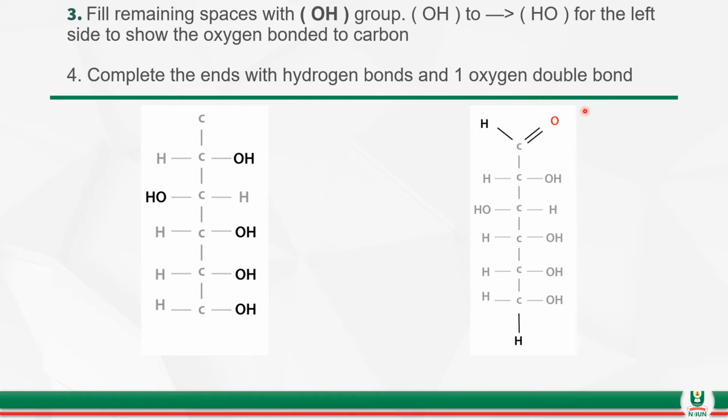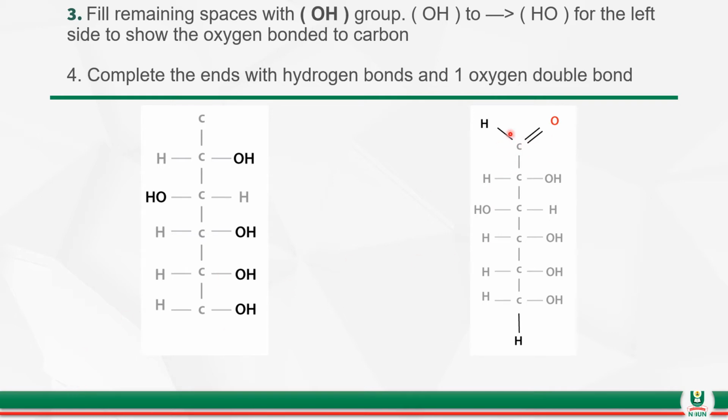So this is our glucose. At the end of the chain, fill up the last carbon with a hydrogen to make it totally bound. Then you put the aldehyde group on the carbon number 1.